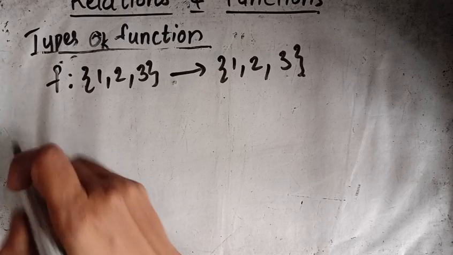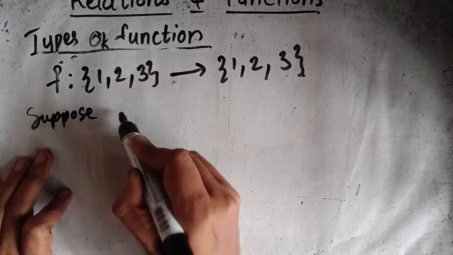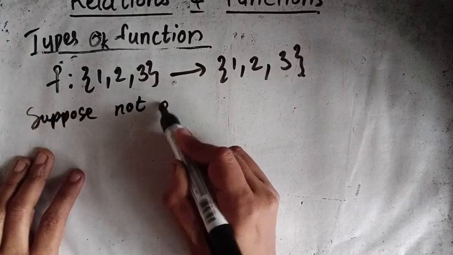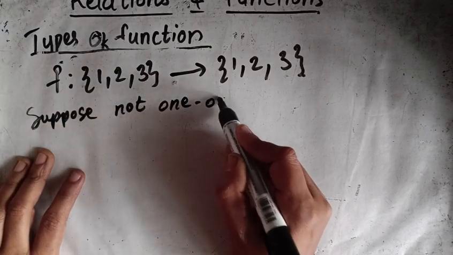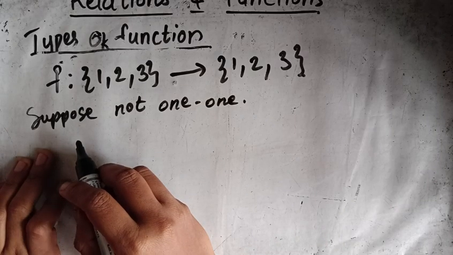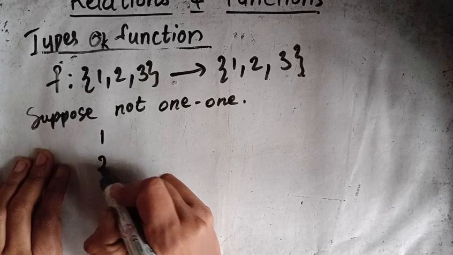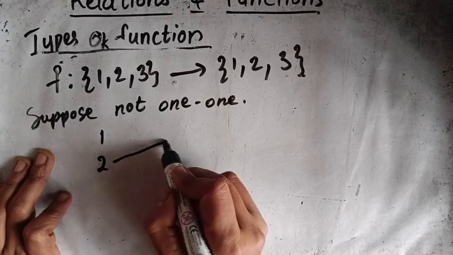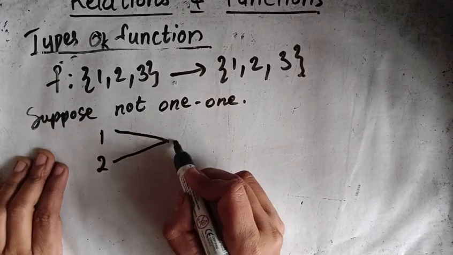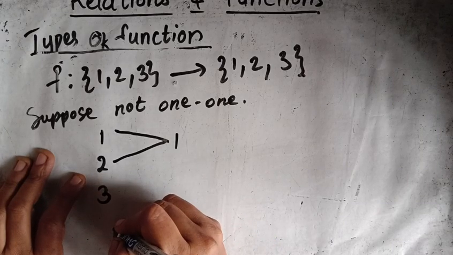Okay, they have taken that suppose this is not one-one. Okay, so if 1 and 2 have the same image, say 1, okay, then 3 is there.